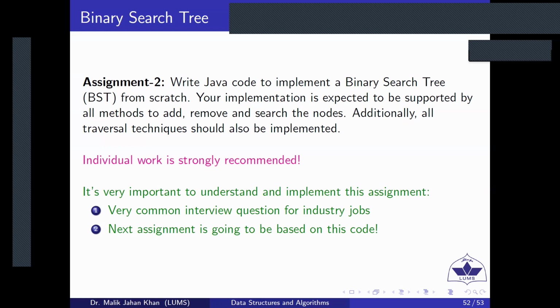So these two assignments are quite interlinked with each other. So I would strongly suggest that you start this assignment on time, complete it on time, and that your code will help you yourself. Besides marks, it will help you to start assignment 3 in an easy and good way. So please do work on it and complete it on time.